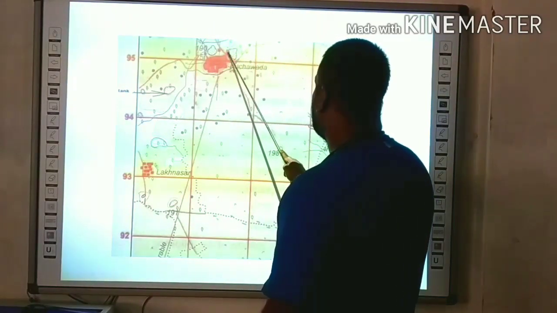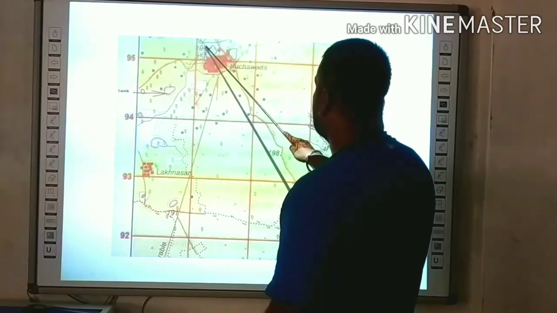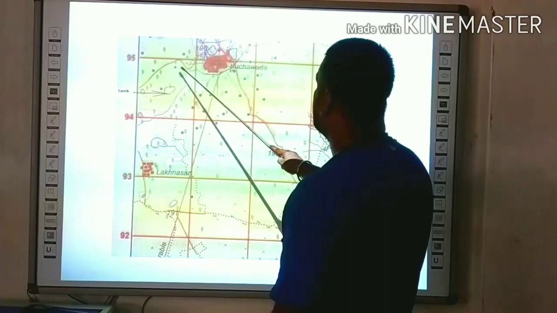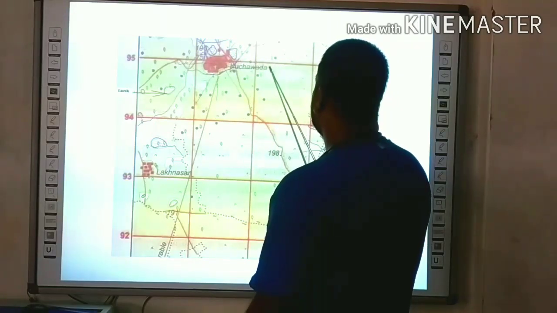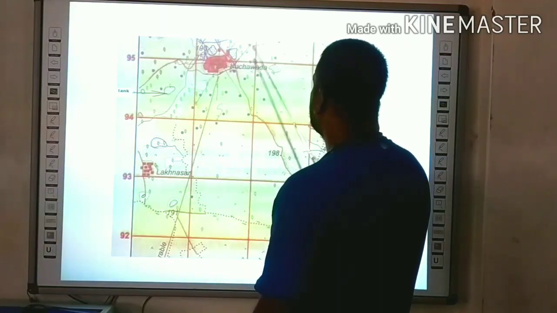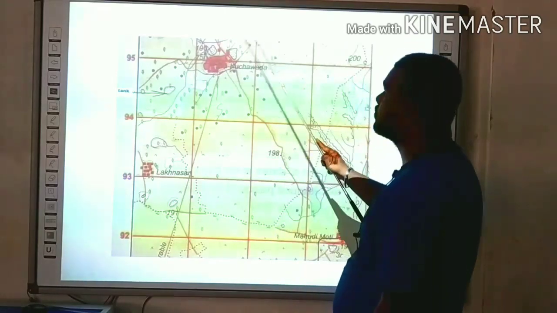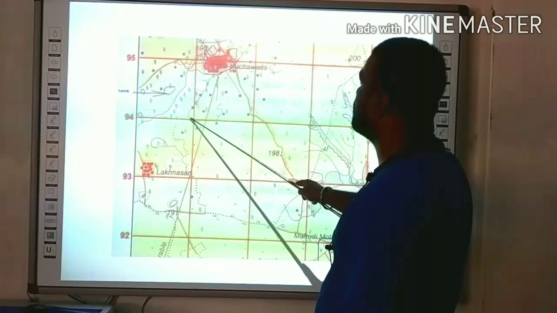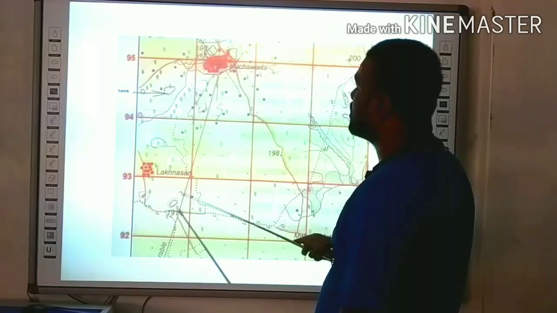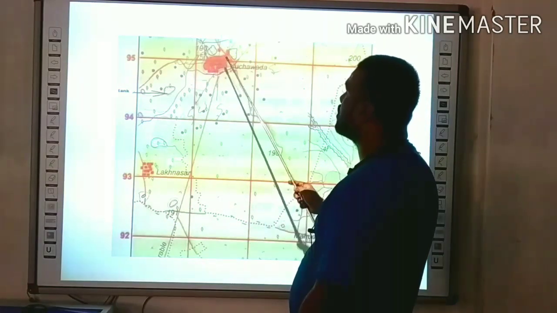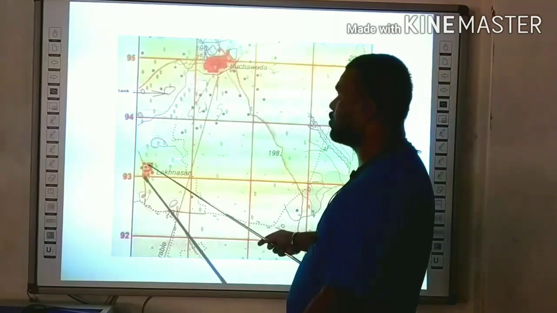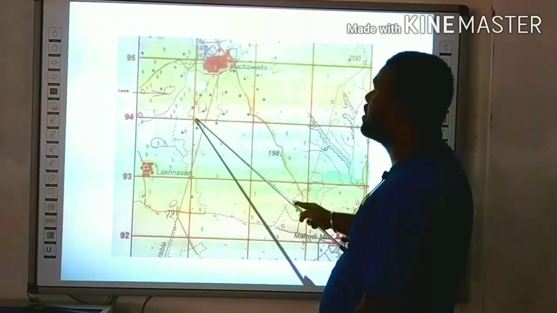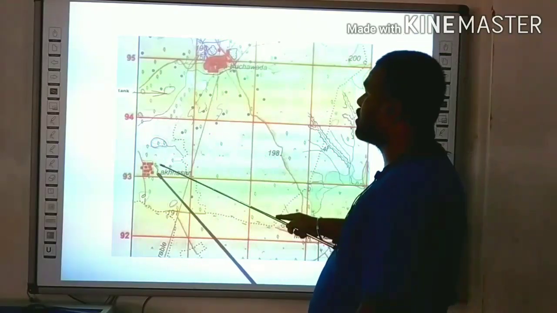Draw in this manner. After drawing, point it out. North, west, east, south. This is northeast, this is northwest, southeast and southwest. So what is the direction of Lakhanwar settlement? The direction of Lakhanwar settlement is southwest from Kuchawara.